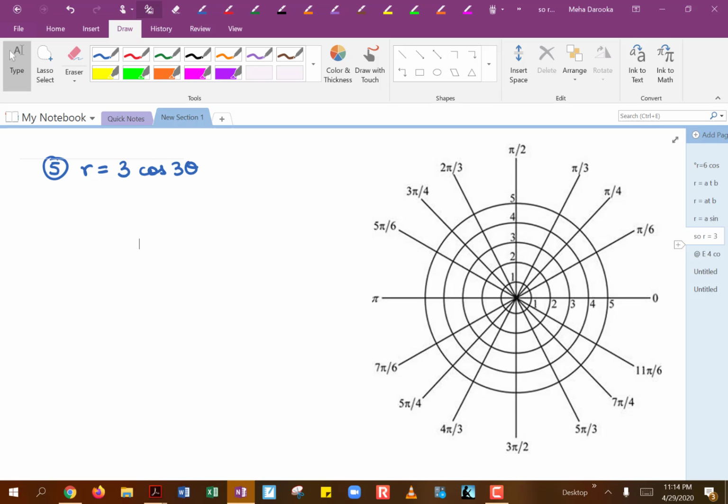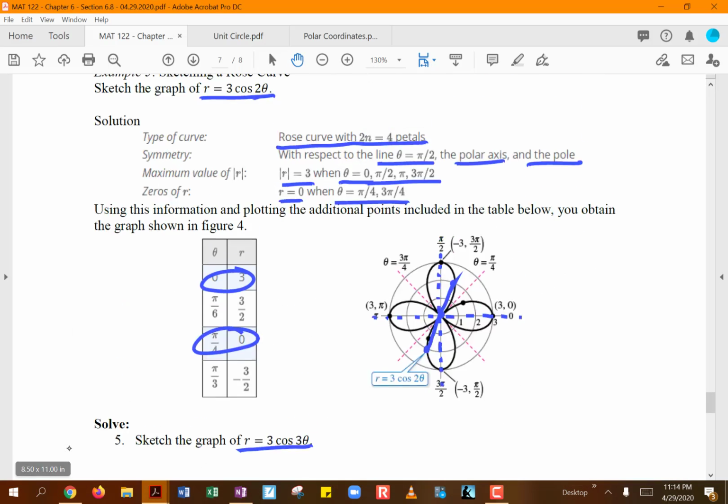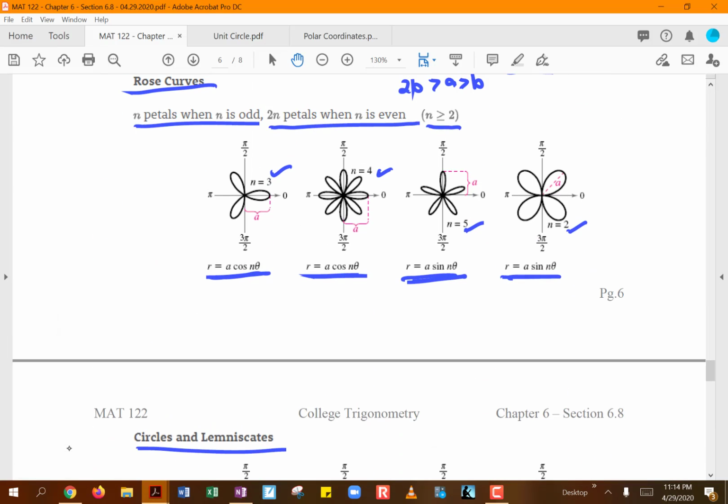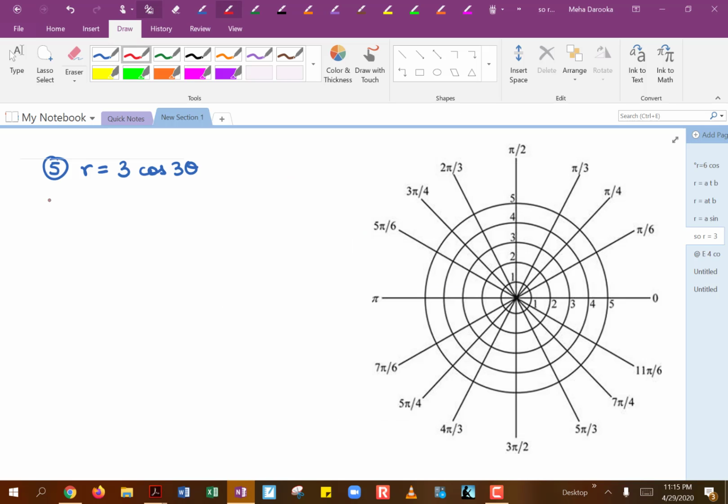Okay, so of course we want to start out by looking at the type of curve this is going to be. So just to show you, we have the function r equals 3 times cosine of 3 theta. So you can see it's actually going to be one of these, and it's going to be the first one because our n value is 3. So it's going to end up looking something like that.